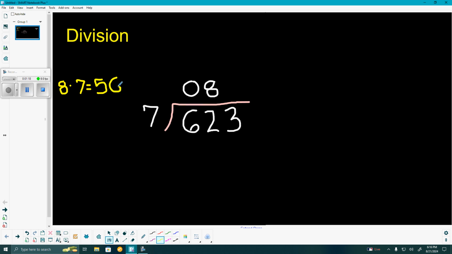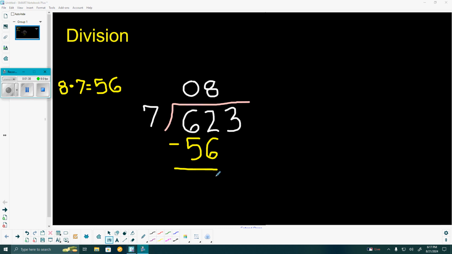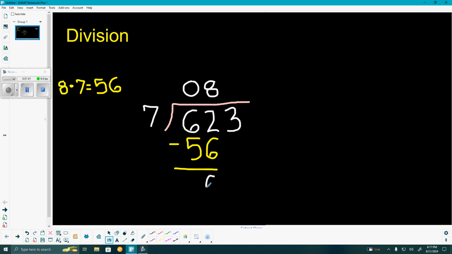Make sure you are using the dot for multiplication. Now that I know that 7 times 8 is 56, I'm going to subtract 56 from that 62. 62 minus 56 equals 6.